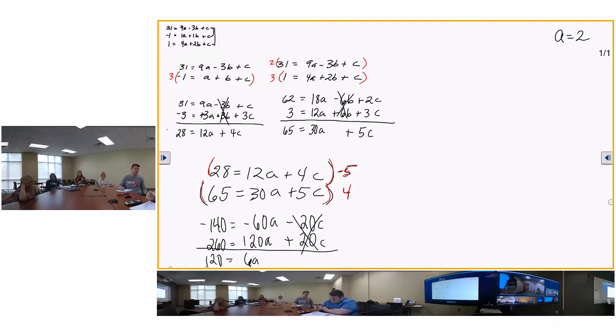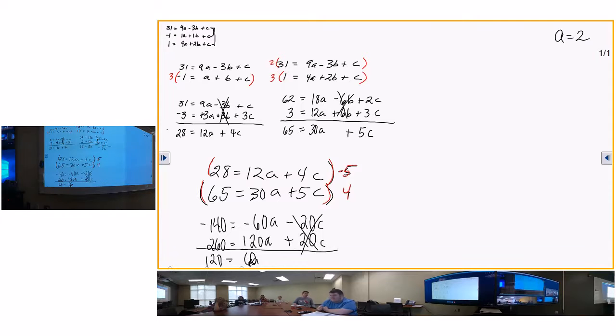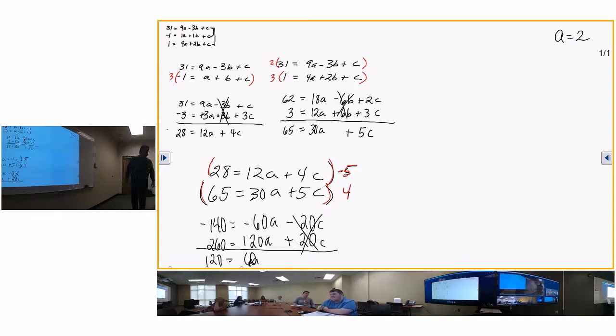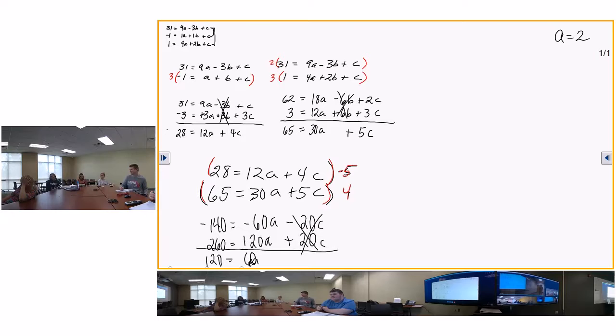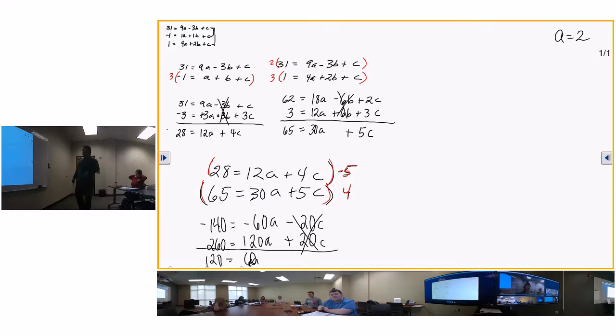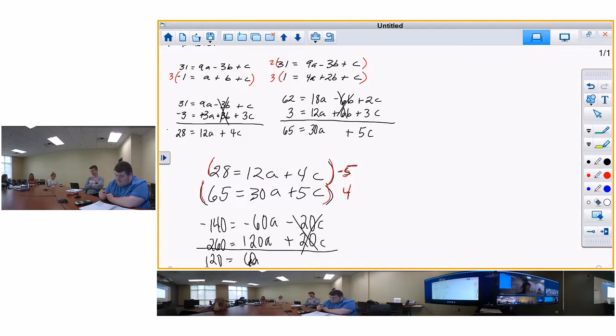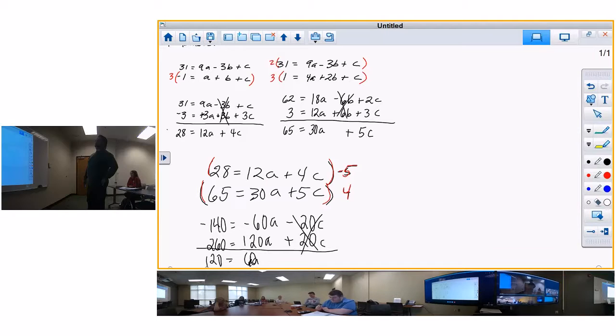Something tells me I got a 2 on the last one because I'm doing it backwards. What did I get for C? 1. Okay, well, we'll see what the right answer is in just a minute. Somebody see an error somewhere?